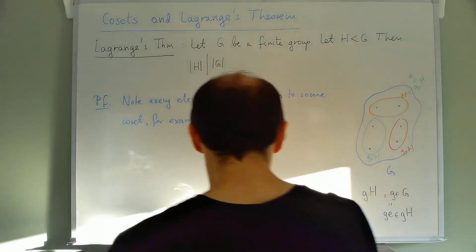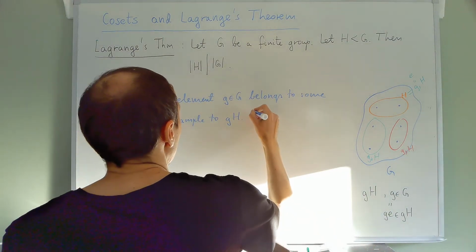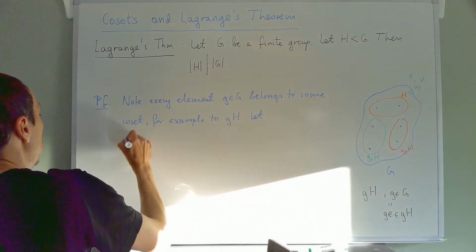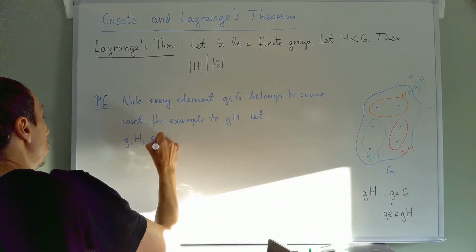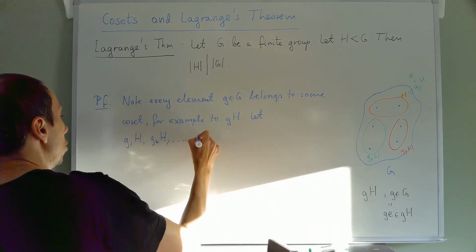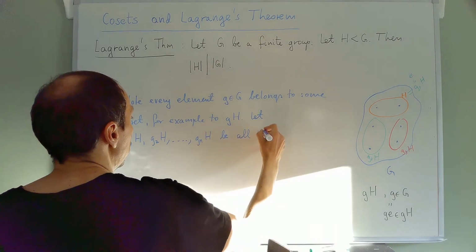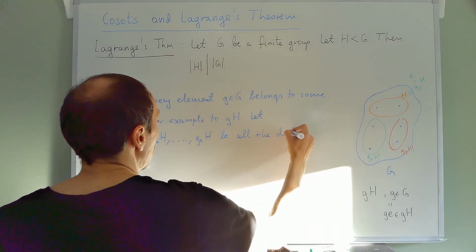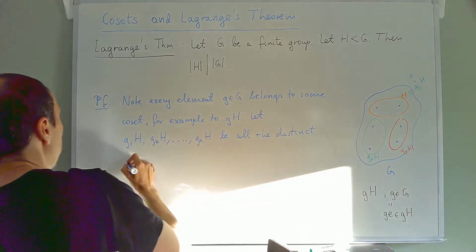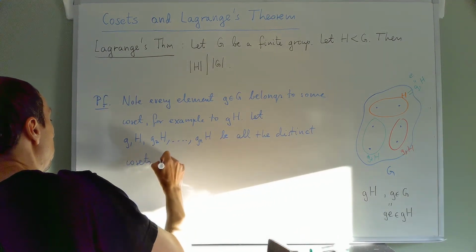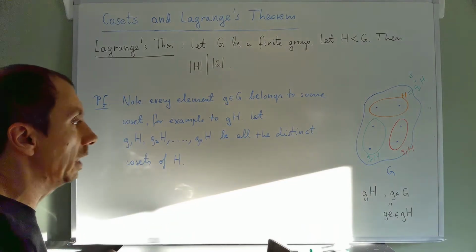Okay? So let g1H, g2H, ..., gnH be all the distinct cosets of H, right?